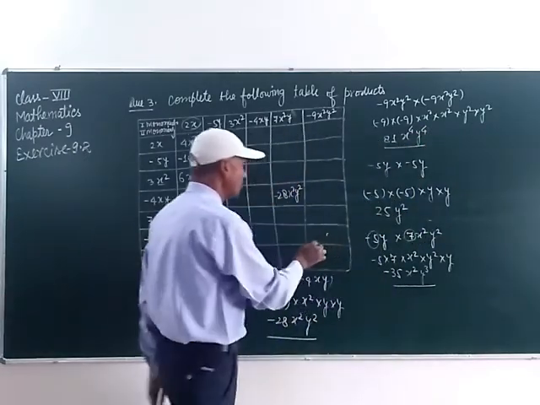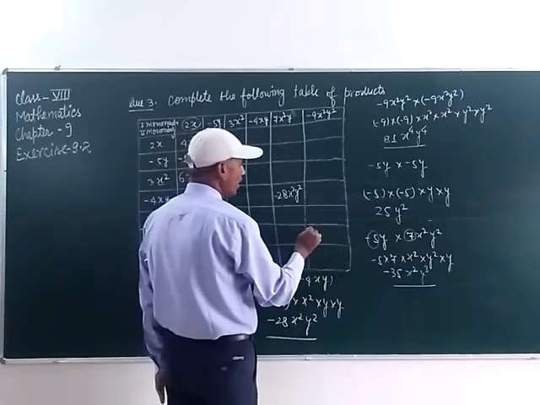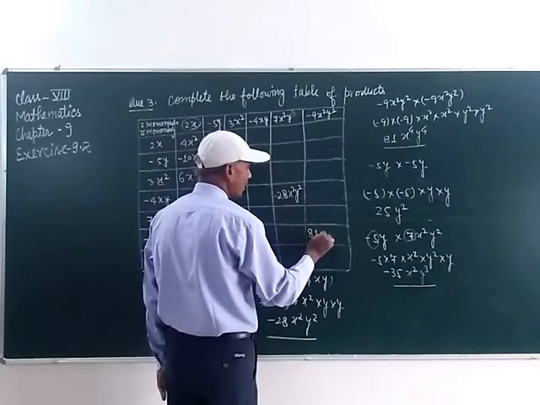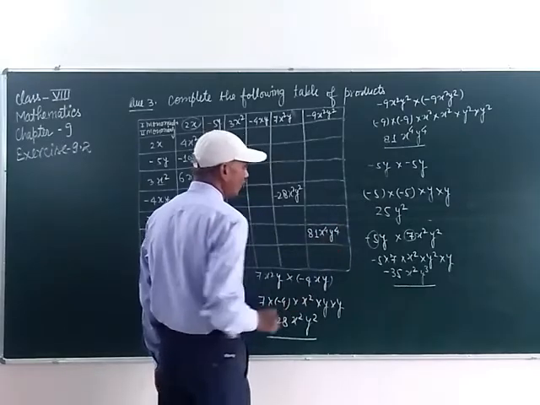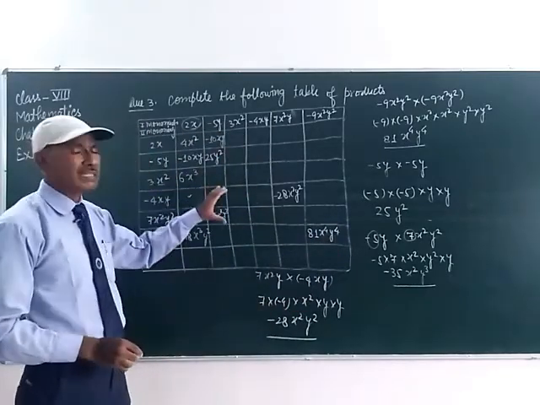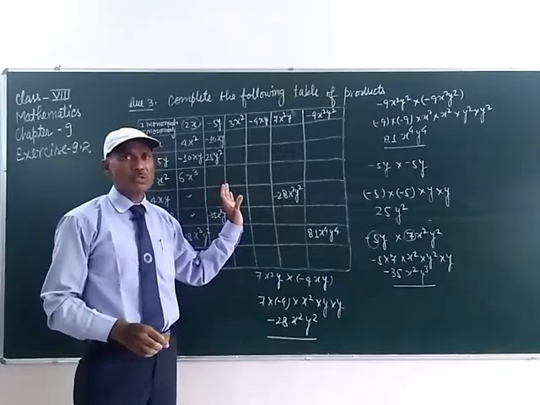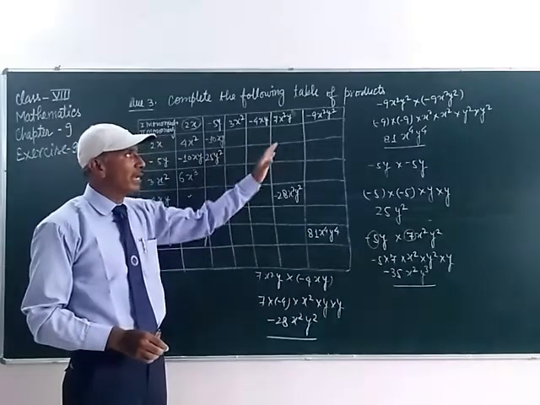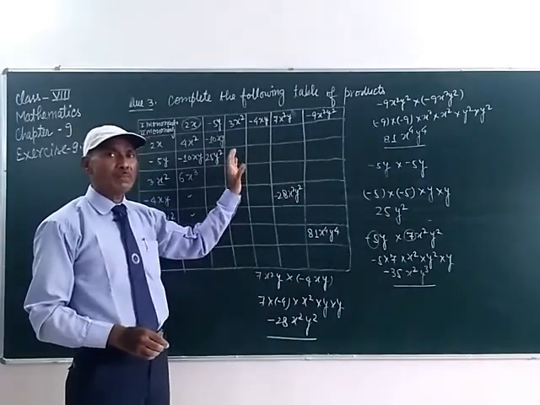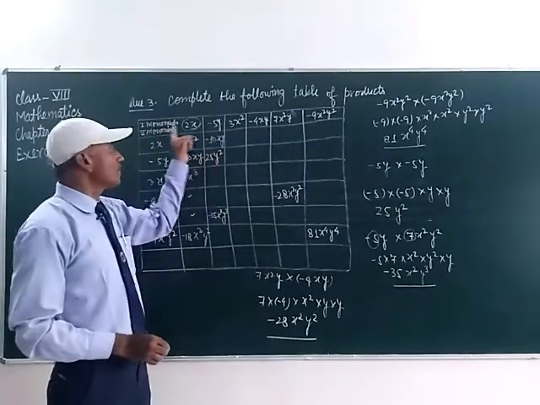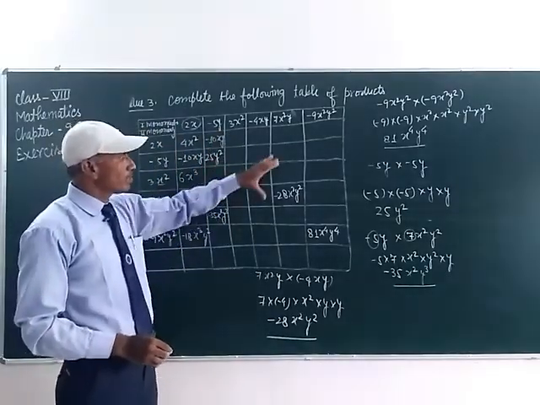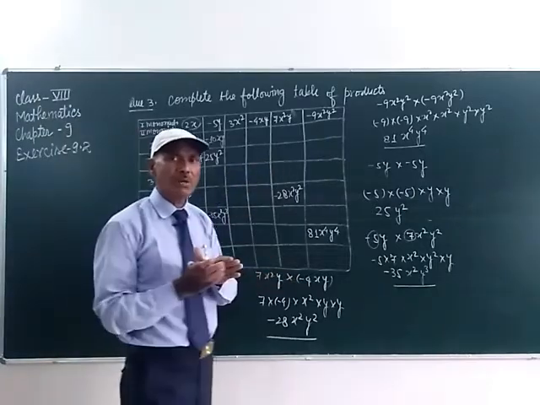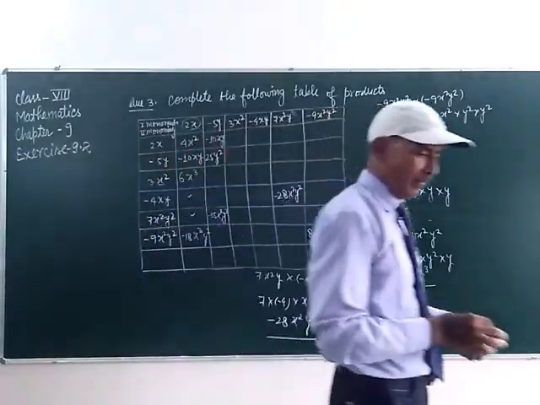So in this, we have to put here 81 x to the power 4, y to the power 4. So remaining parts of this question you have to do yourself, student. You have to fill the blanks very carefully after multiplying the first monomial with the second monomial. Clear, student? So remaining part of these questions you have to do yourself.